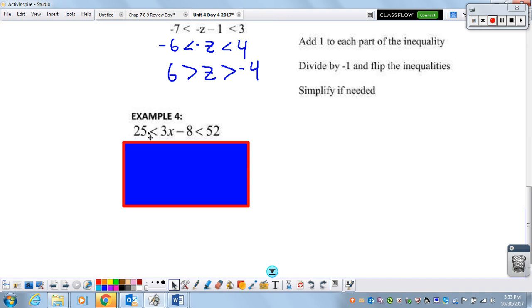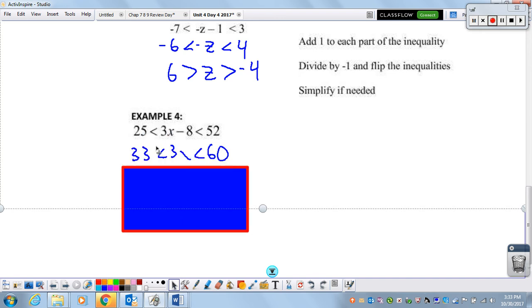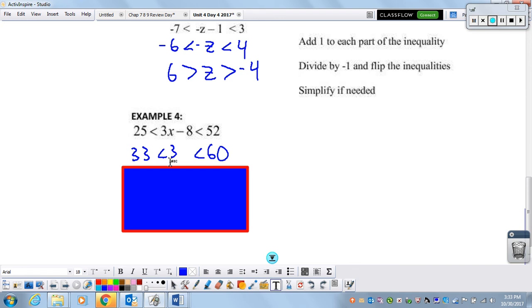Example number 4. 25 is less than 3x minus 8 is less than 52. First thing we'll do is add 8 to both sides, which will give us 33 is less than 3x is less than 60.